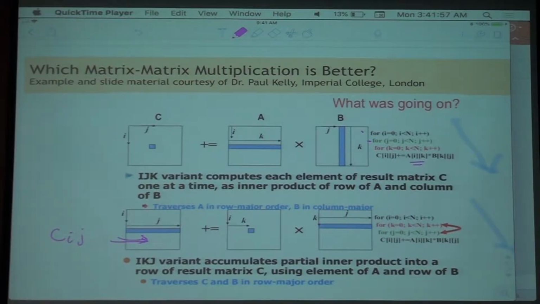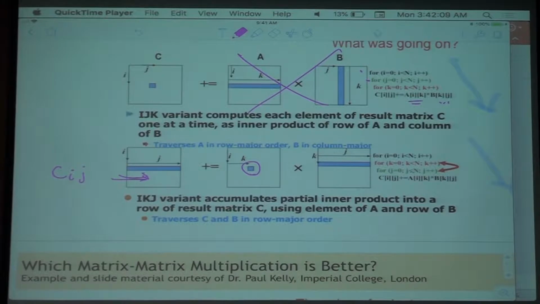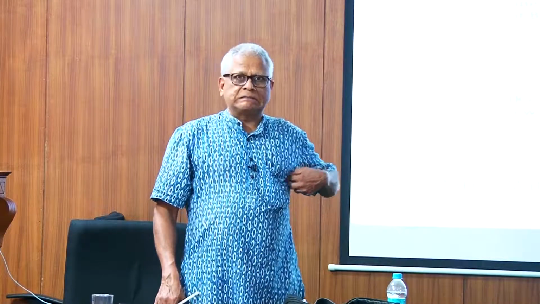This is A IK, it's a single access there. B KJ, sorry, not this one, this is what we are looking at. B KJ, but J is traveling faster than K, so this is also row major. So this is much faster, okay? Good, so faster.